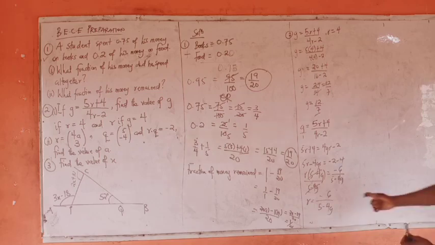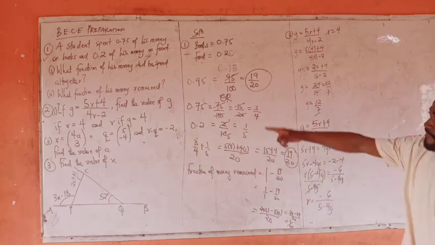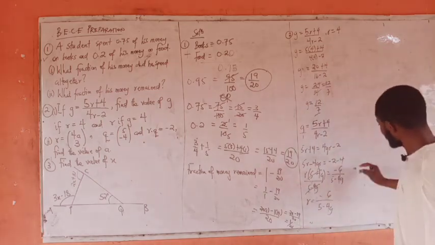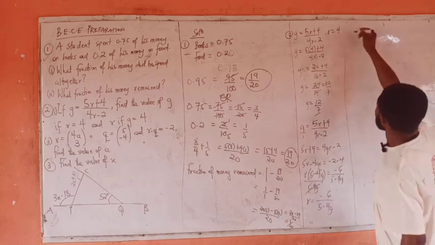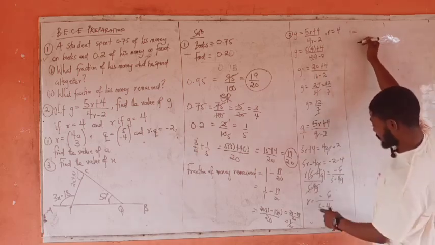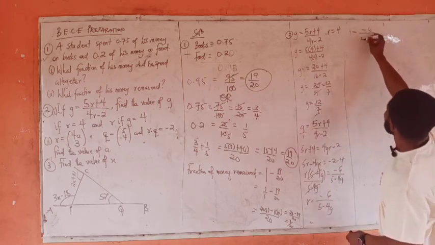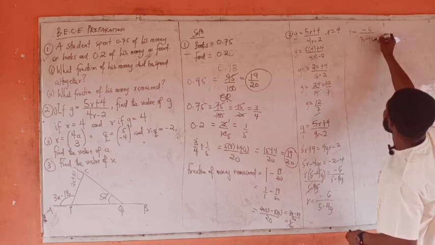I know the value of j to be equal to 4 from the question. So r now becomes negative 6 over 5 minus 4 into bracket 4.